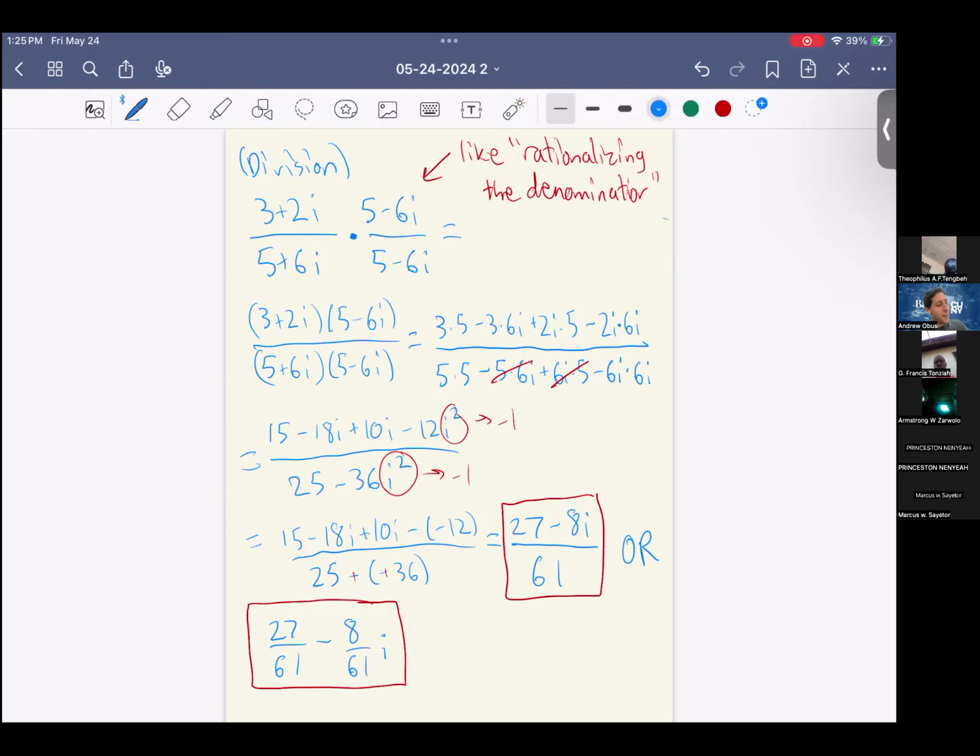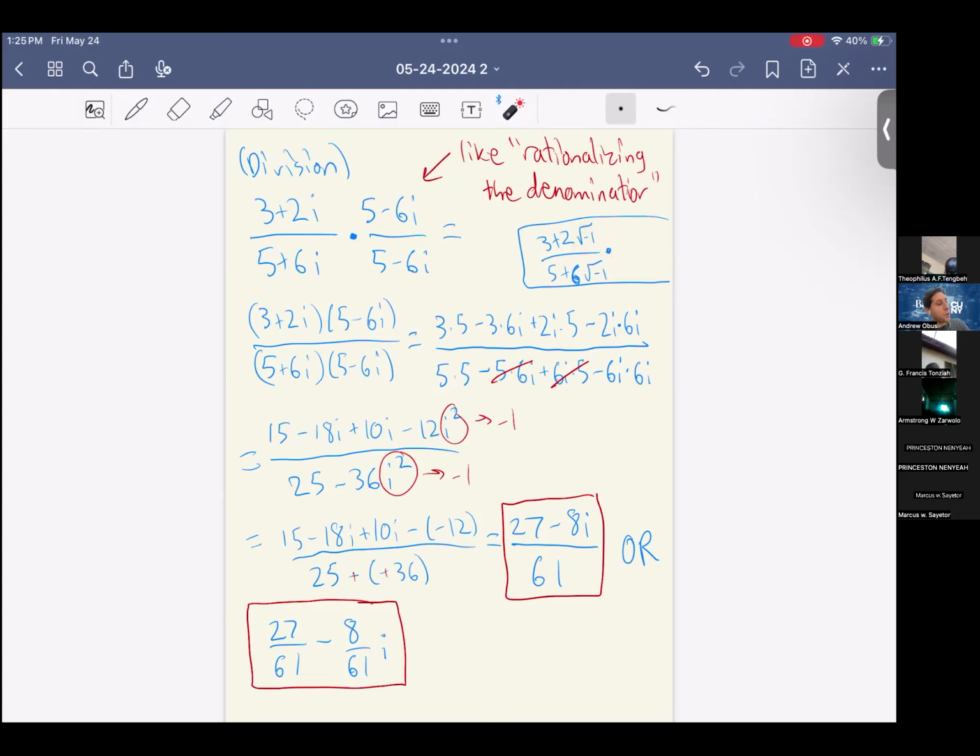So I could write this, if I wanted to, as 3 plus 2 times the square root of -1 divided by 5 plus 6 times the square root of -1. Remember, i is just shorthand for writing the square root of -1. So here there is a root. And if this was not the square root of -1, but it was the square root of 2, something like that, then you would multiply by the conjugate to rationalize the denominator.